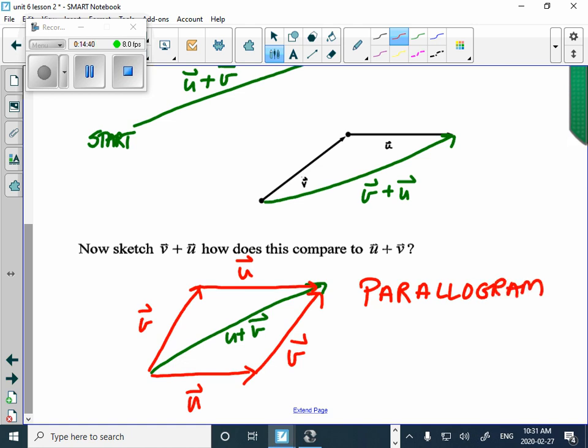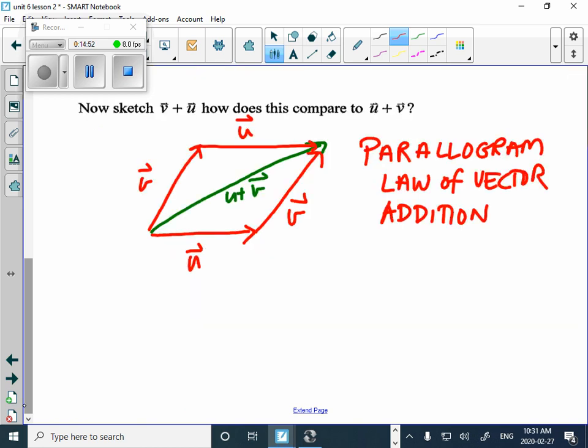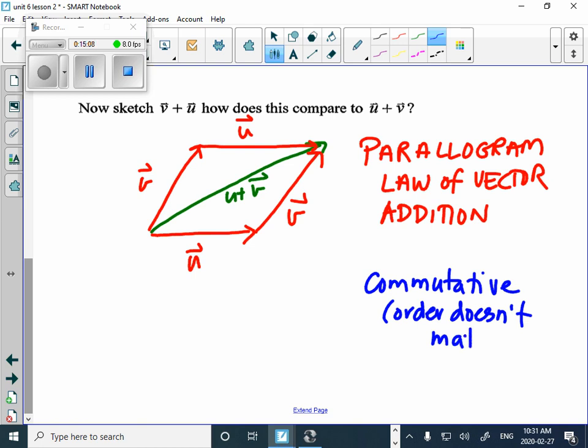Parallelogram law of vector addition. It is commutative. The order doesn't matter. Maybe a clear way to write it is that vector u plus vector v equals vector v plus vector u.